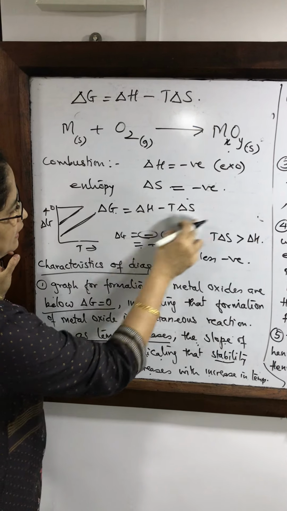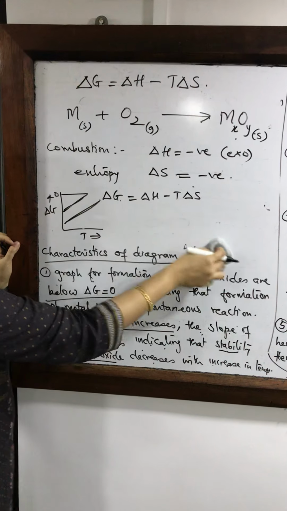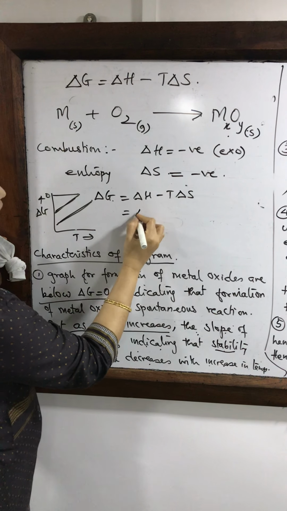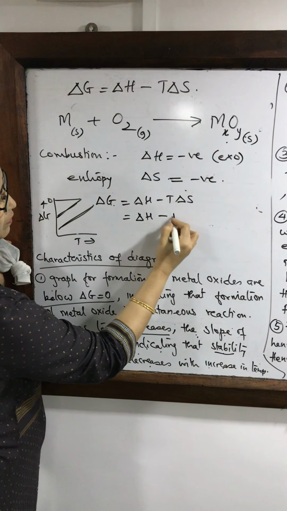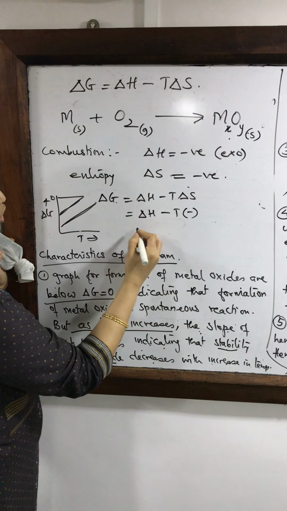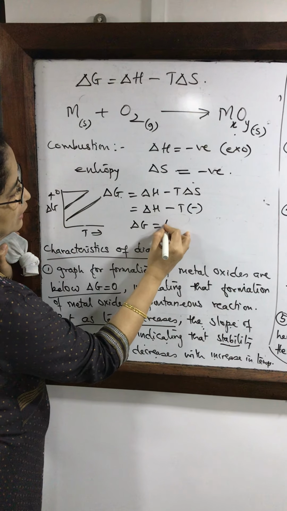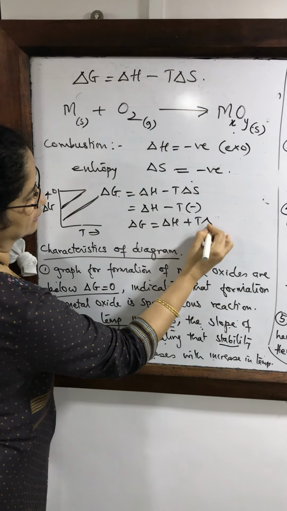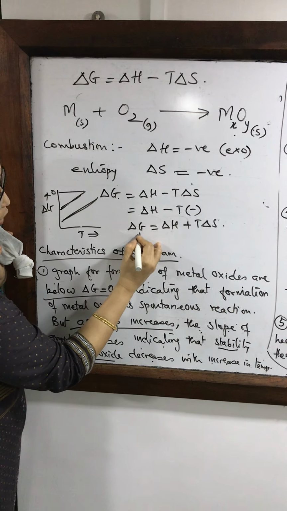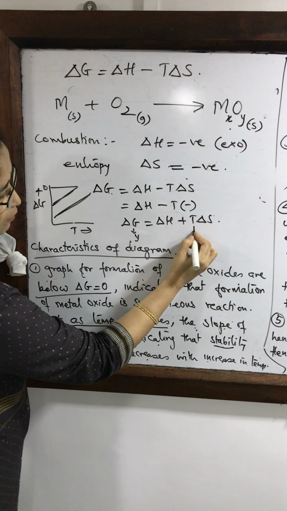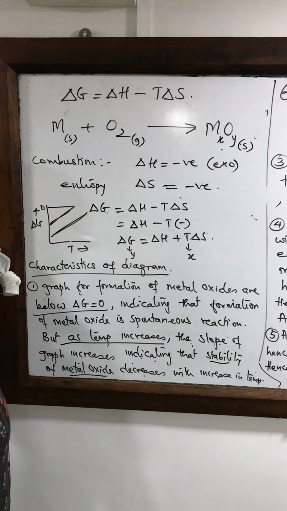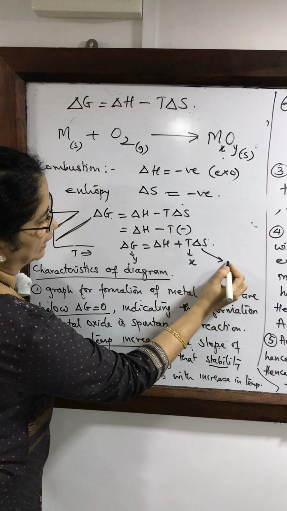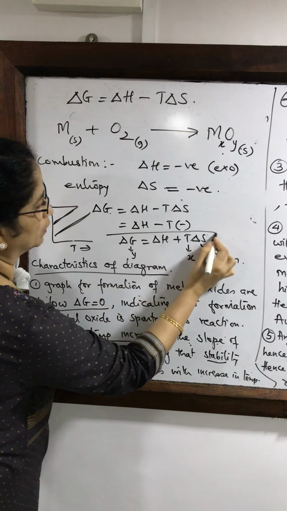Another way of looking at it is like this. Delta S is negative. So this equation will be like this. We have plotted delta G on the y-axis, and we are plotting temperature on the x-axis. So this value of delta S is the slope.